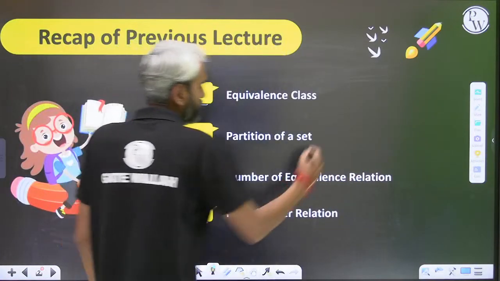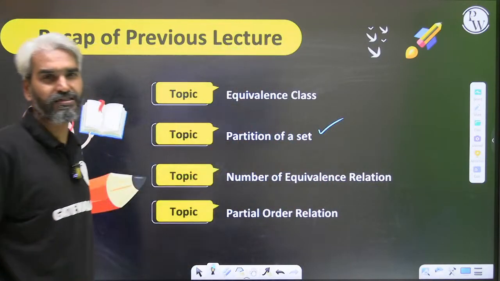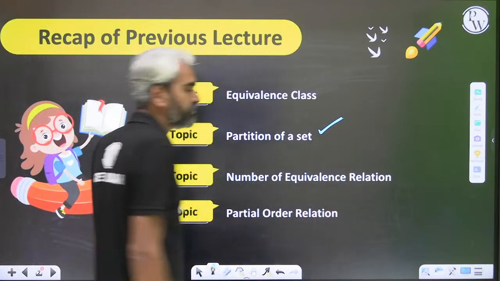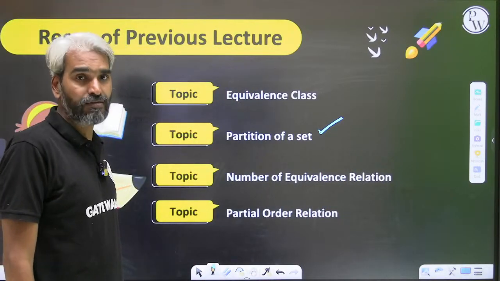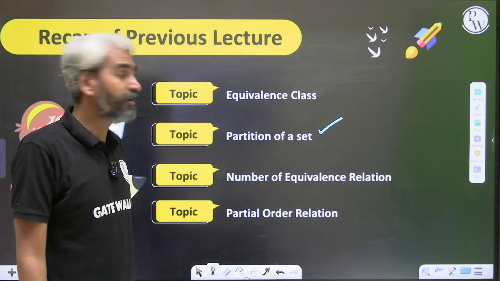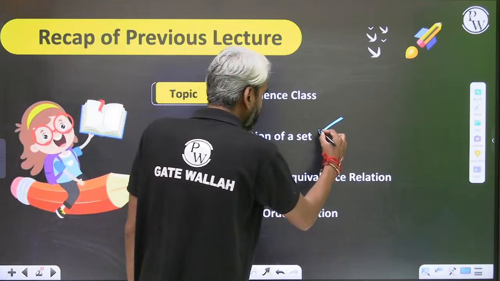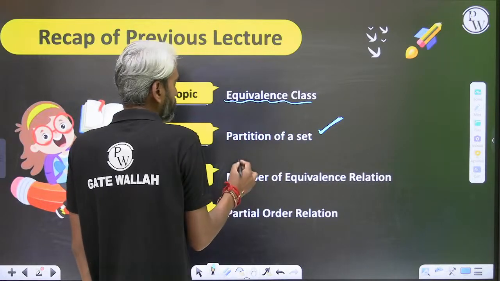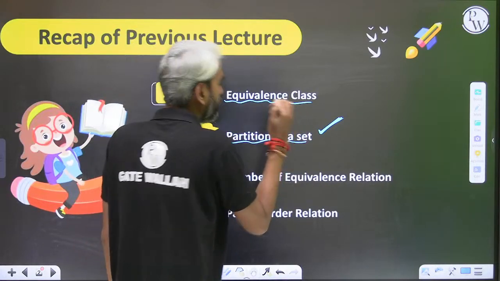Next, partition. The last two classes we discussed the concept of partition. In the last class we discussed the number of partitions of a given set of a particular cardinality. Apart from that, we could identify that the set of distinct equivalence classes will create a partition of a set.